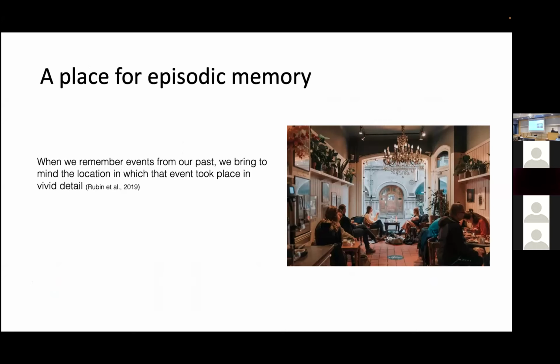I'm going to start from a broad cognitive perspective, this idea that one of the defining phenomenological aspects of episodic memory is the ability to bring to mind the spatial context in which an event occurred. So if I'm remembering my first cardamom bun in Lund, a large part of that memory will be me reconstructing the rather beautiful cafe in which I consumed it.